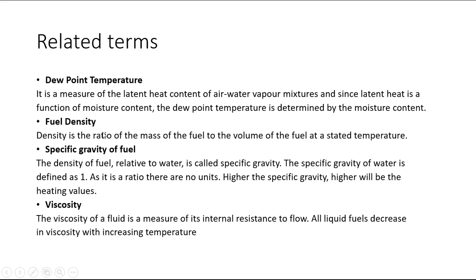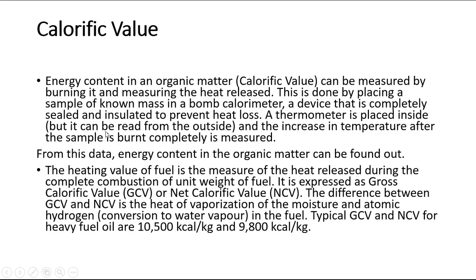The next term is calorific value. Energy content in an organic matter can be measured by burning it and measuring the heat released. This is done with a sample of known mass in a bomb calorimeter.